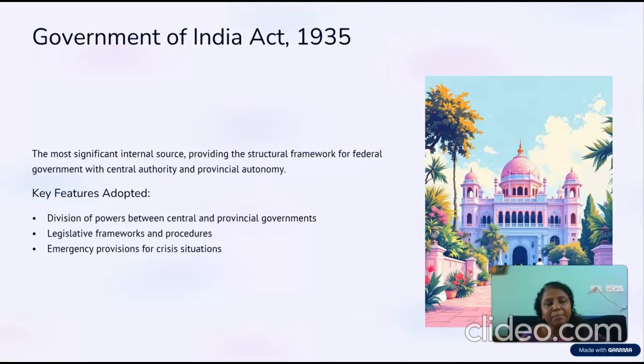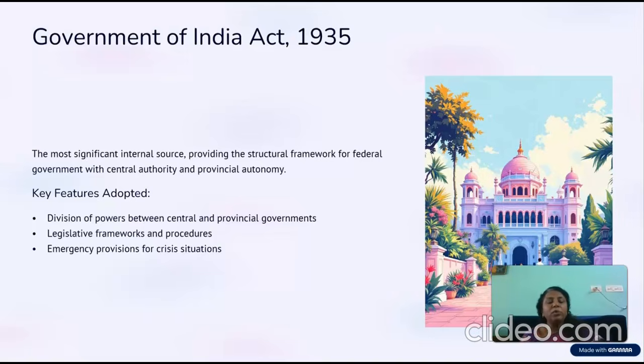Another important aspect is the Government of India Act of 1935. This Act is the first act which talked about the constitution or the rule of law. In other words, it is the most significant internal source. It provided a structural framework for a federal government with central authority and provincial authority.